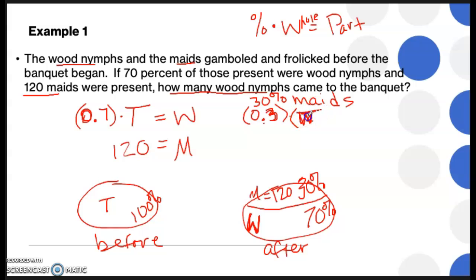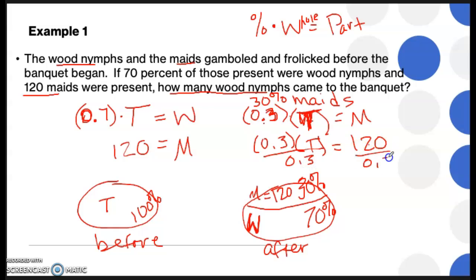Times the whole, which is the total, equals the maids. And we know that 30% of the total equals 120 because they told us that maids is 120. Now I can solve for the total and I can figure out what the total is.